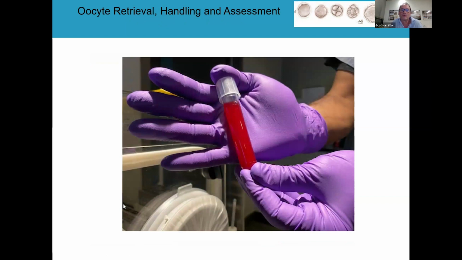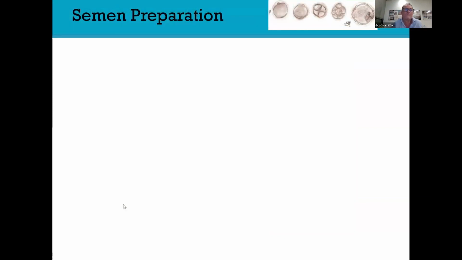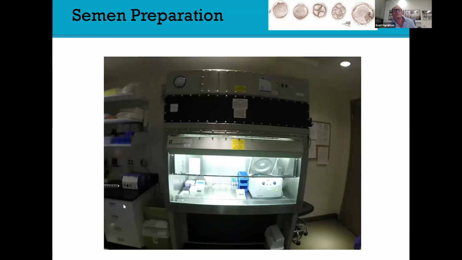And your embryologist, the first thing they get on the egg and embryo side of it is a tube of media that has a little bit of follicular fluid that is red because there's certainly blood flow to the follicle, so there are blood cells in there. The embryologist takes that tube, and simultaneously, another embryologist or an andrologist is doing a sperm prep, which usually, but not always, comes from a semen sample.